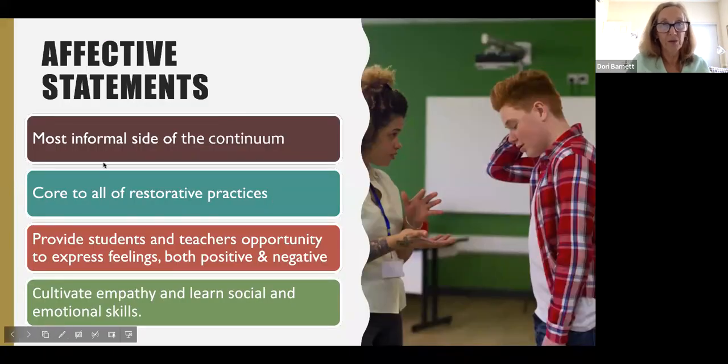Effective statements are considered the most informal side of the restorative continuum. They're the core of all restorative practices, and they give us a way to express feelings that are both positive and negative. By doing this, we can build empathy and learn social emotional learning skills. So there's an overlap between restorative practices and social emotional learning.